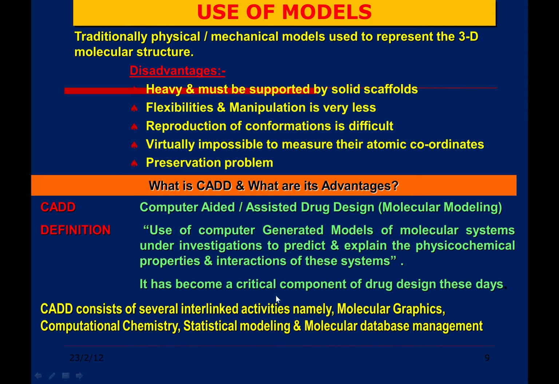This has become a very critical component of drug design these days. It consists of several interlinked activities, namely molecular graphics, computational chemistry, statistical modeling, and molecular database management. In other words, we simply equate CAD with molecular modeling.